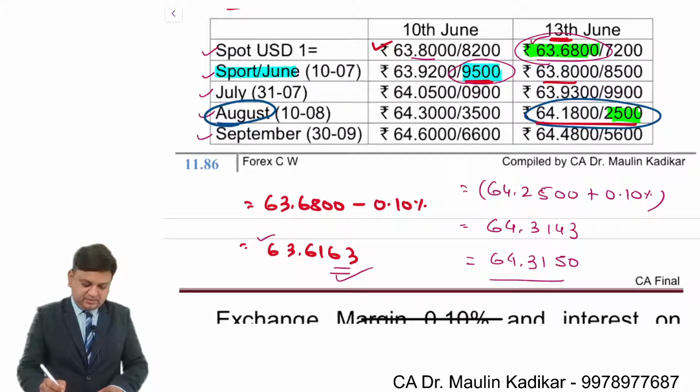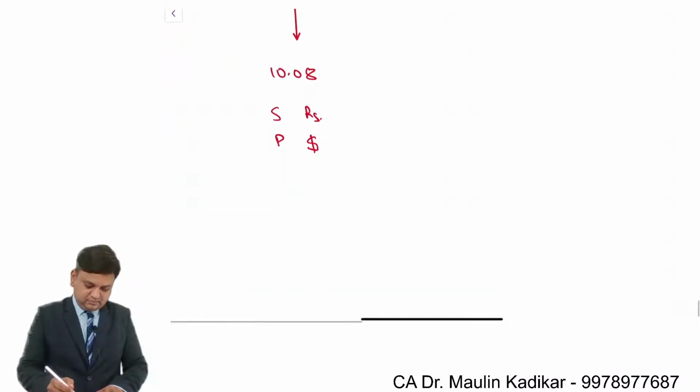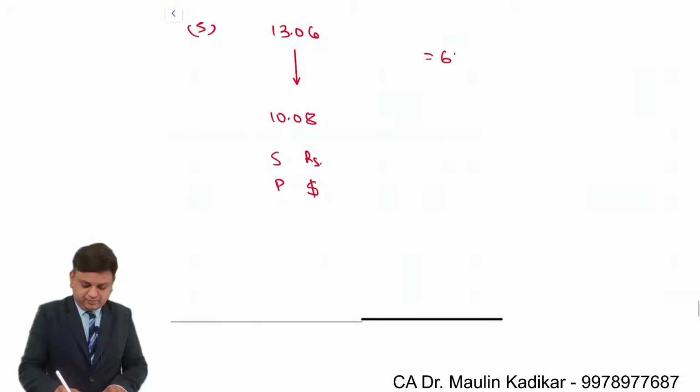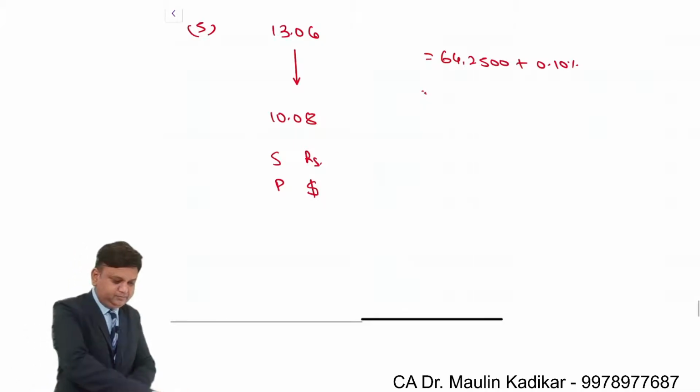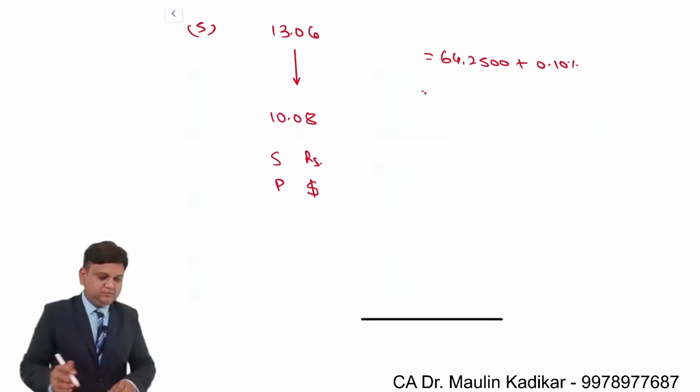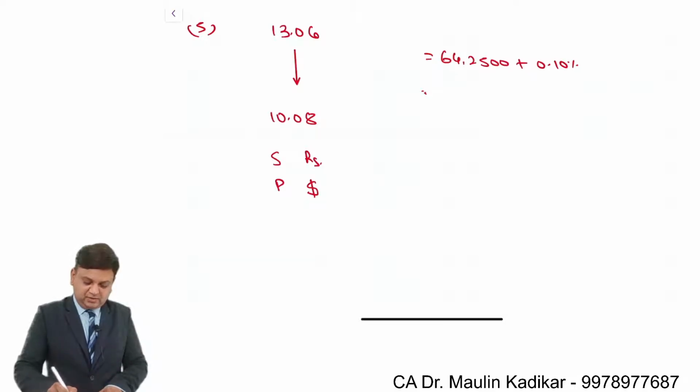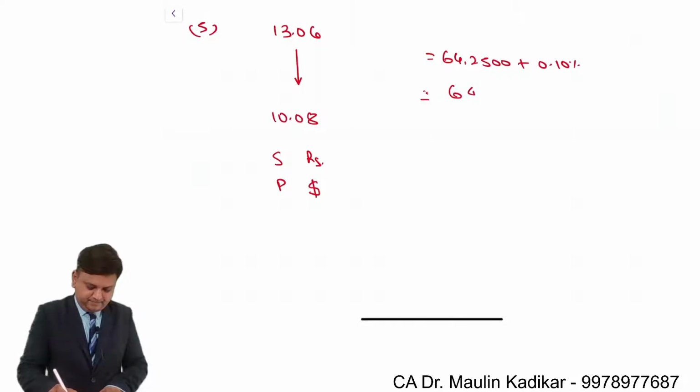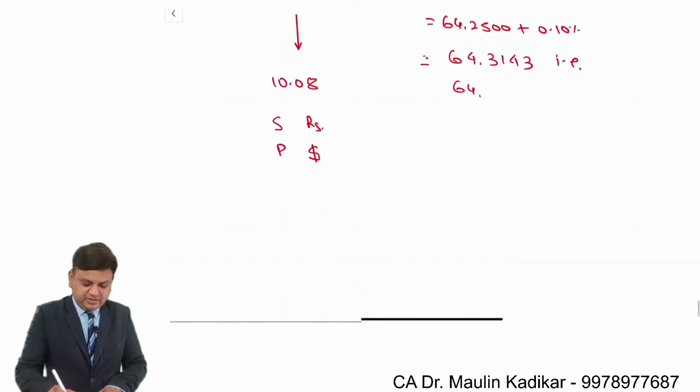So this is the rate applicable, 64.25 plus 0.10%. So 64.31, 64.3143. So rounded off to 64.3150 rupees per dollar.